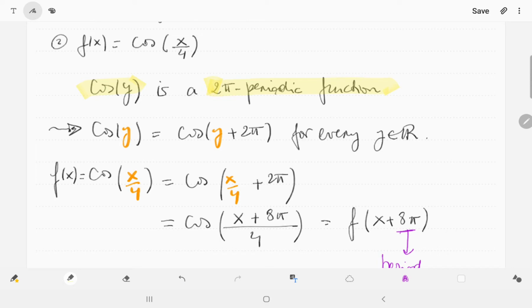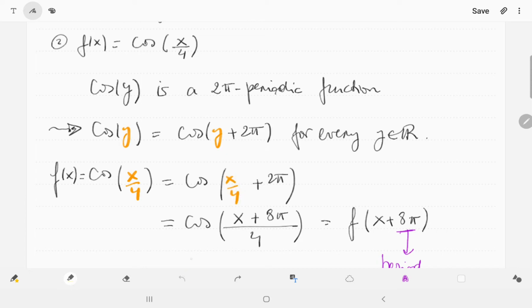And how can we do that? We know that cosine of y is equal to cosine of y plus 2 pi, because cosine is a 2 pi periodic function. Now we choose y equal to x over 4, because that's the definition of f, and we just put x over 4 where we have y.